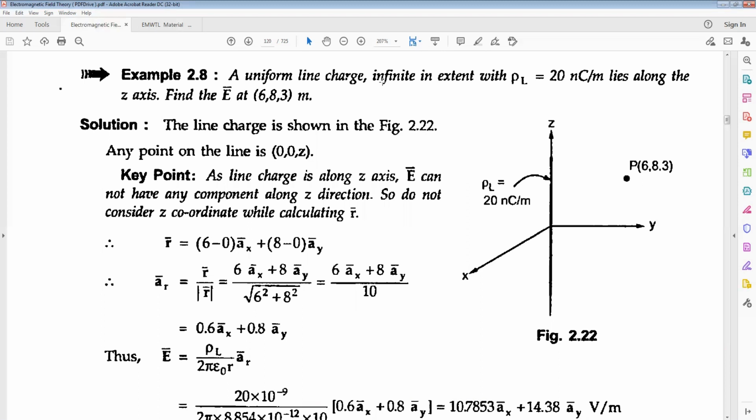Find the E bar at the point 6, 8, 3 meters. A uniform line charge, infinite in extent.